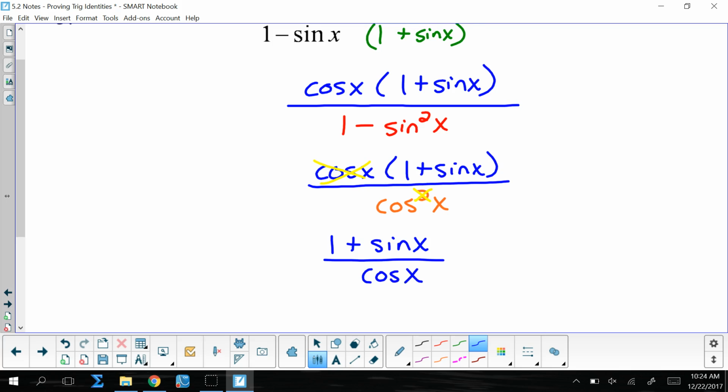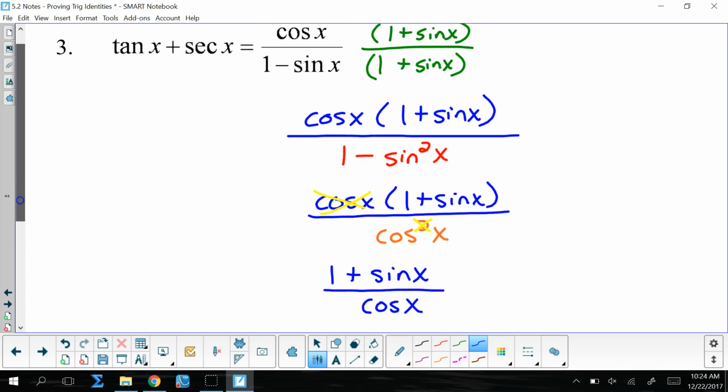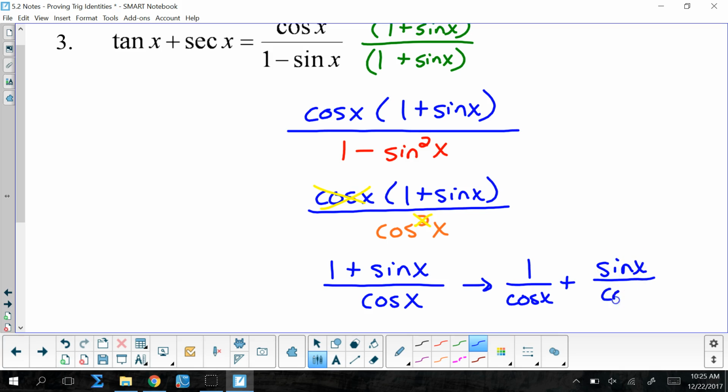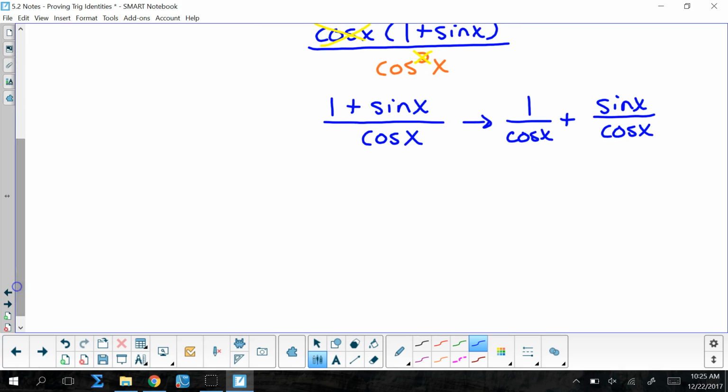Somehow out of there, I've got to get tangent and secant. How? You split it, so then it becomes 1 over cosine x plus sine of x over cosine x. And that 1 over cosine is my secant.